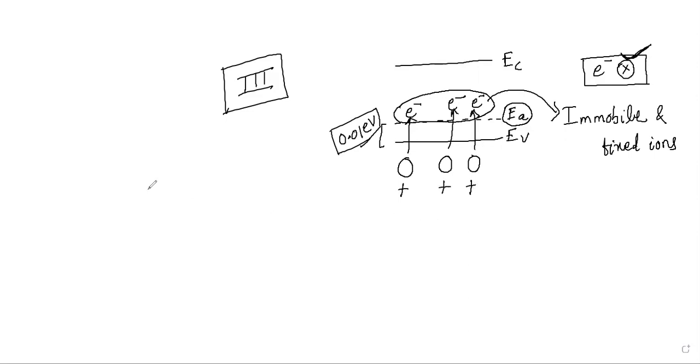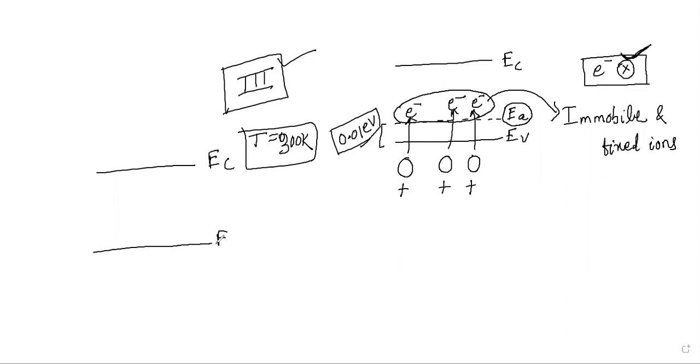So what we did by adding trivalent impurity to this pure or intrinsic semiconductor: at T equal to 300 Kelvin, which is considered room temperature, you had EC and EV, and at this temperature the semiconductor will already have some electrons in the conduction band, because thermally agitated electrons may move to the conduction band from the valence band.